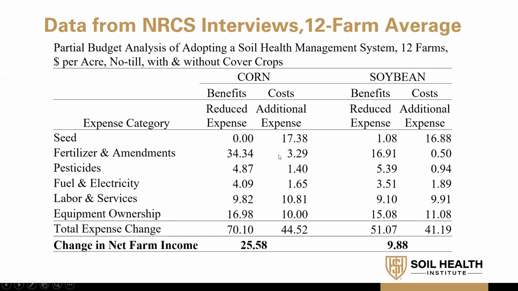Let's focus in on the nutrient component of this. The average farm was able to reduce fertilizers and amendments by $34.34. At the same time, there was an increase of $3.29. This could occur for several reasons. Sometimes when the farms adopt a soil health management system, they change.